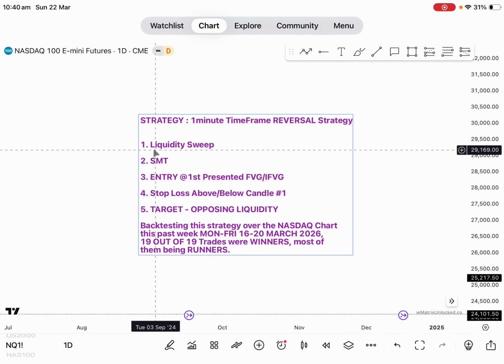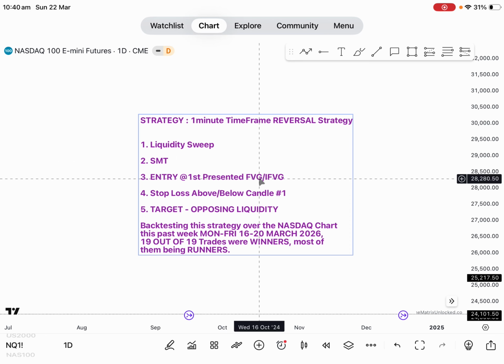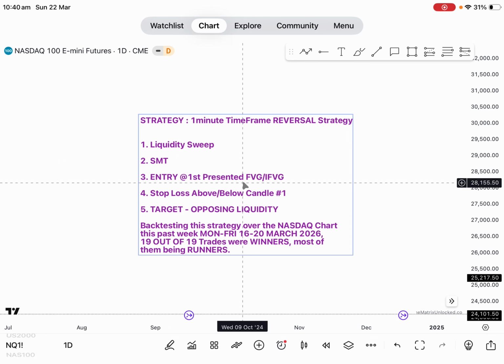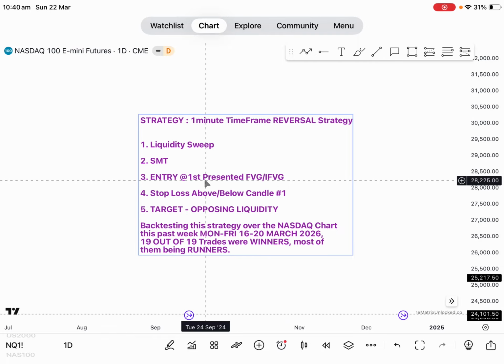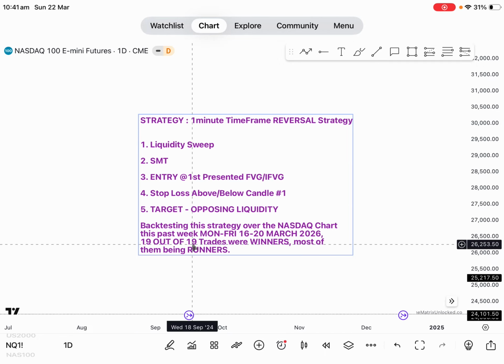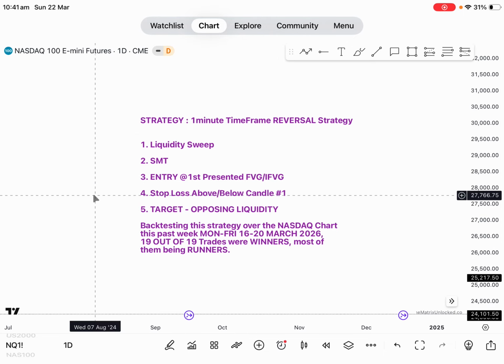There were a few with liquidity sweep and SMT, but it did not come back into this, so if you put the order, it didn't fill. So whatever filled, 19 out of 19 were winners.